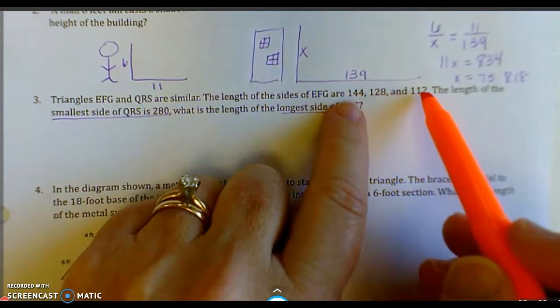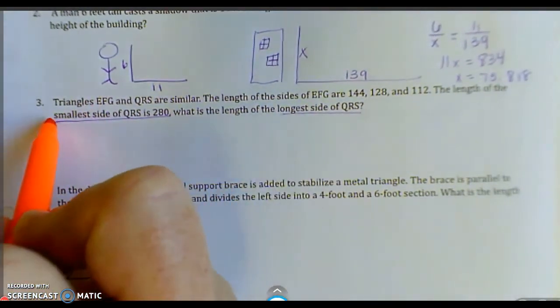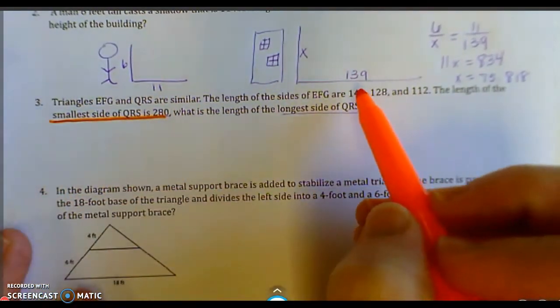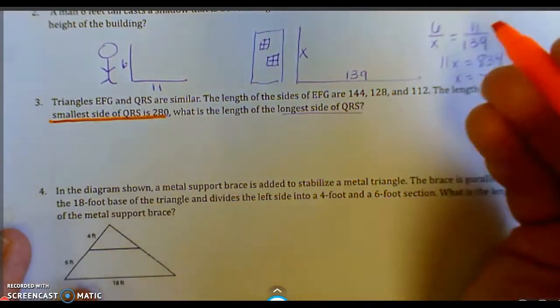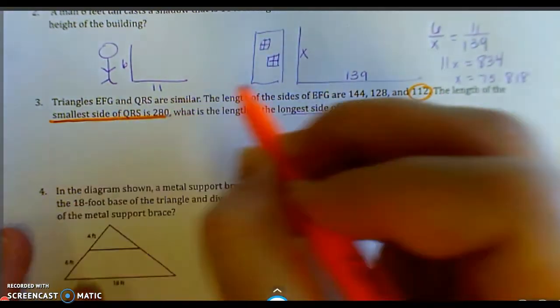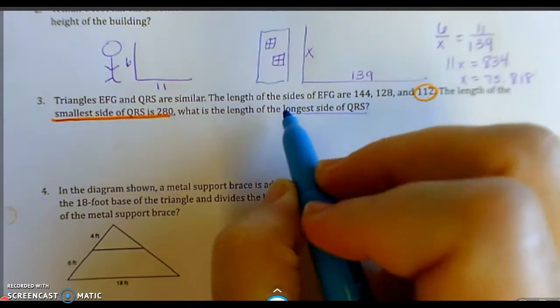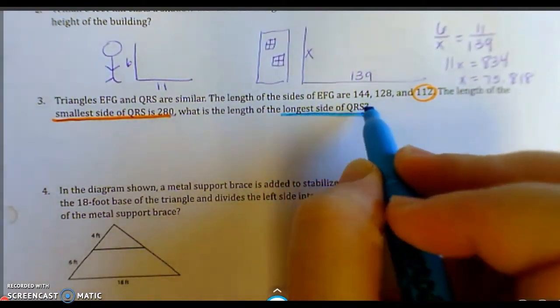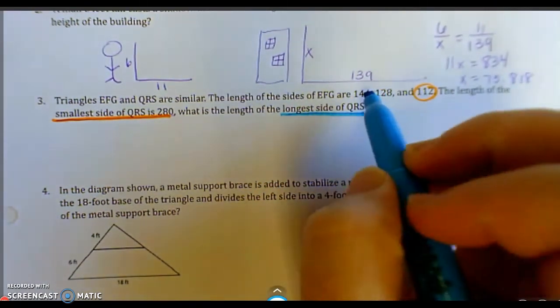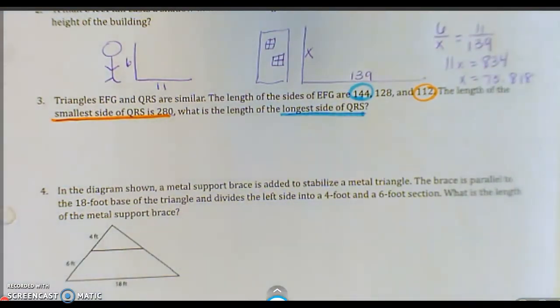So look at these problems, okay? If I want the smallest side, I need to know what the smallest side is here that it compares to. Well, this is the smallest side, so those two will compare together. Then it says I want to look for the longest side. Well, that means I need to compare it to the longest side here, which is 144. And then I make my proportion and solve.